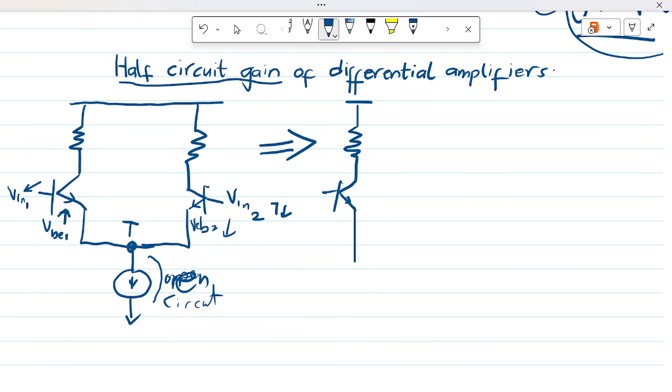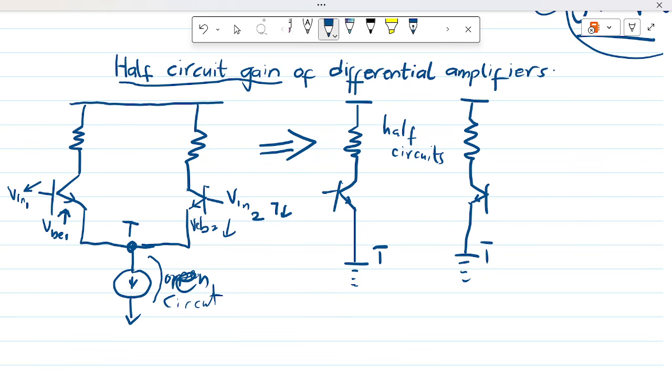Then my equivalent circuit is going to look like this. This being node T, this also being node T. So I can draw the single differential circuit as two half circuits.